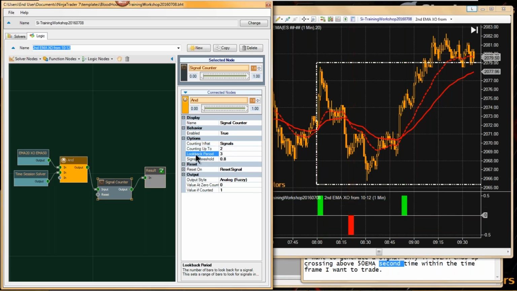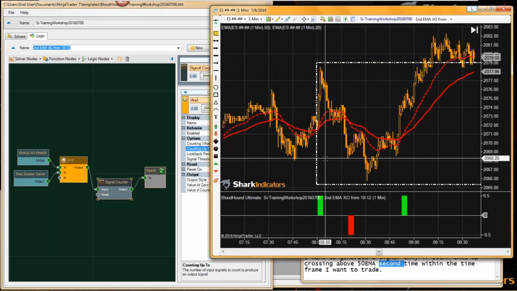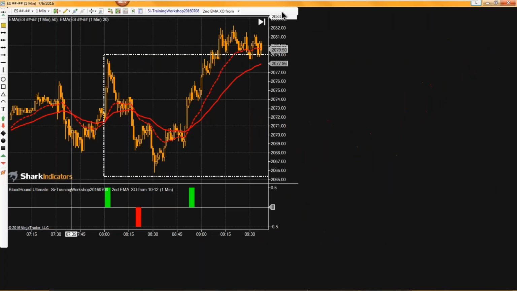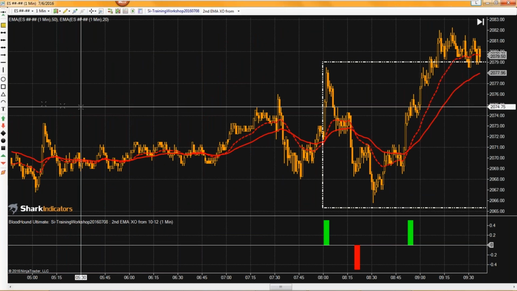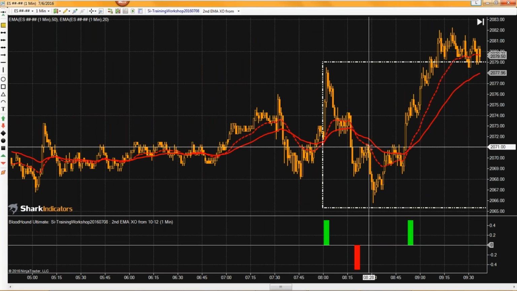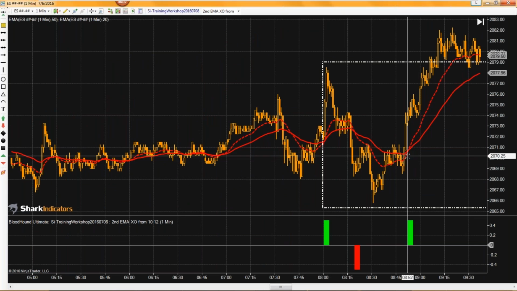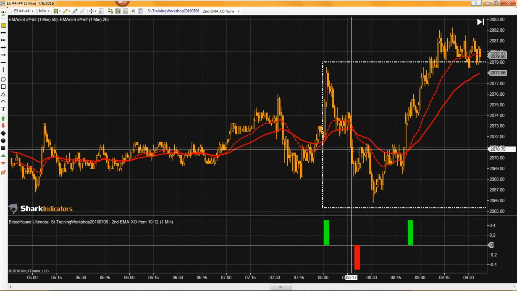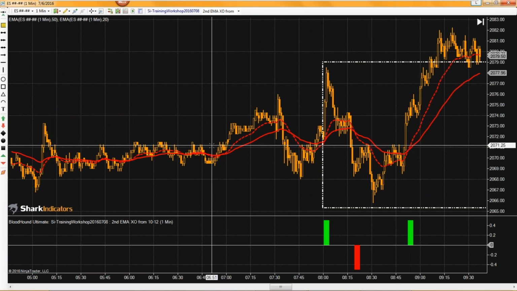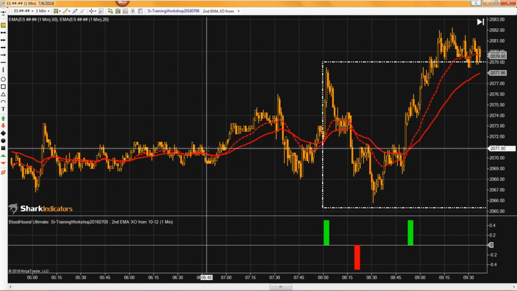Now the look back period, this one here is important, and you kind of have to do a little bit of guesswork here. Now, when you're counting signals, nobody starts from the beginning of the chart and just starts counting forward, right? So when you're counting signals, you have a limited look back period in which you want to look back to count signals.